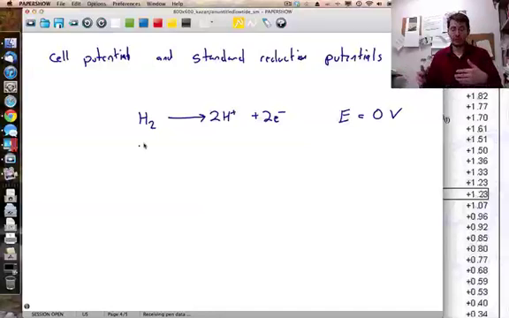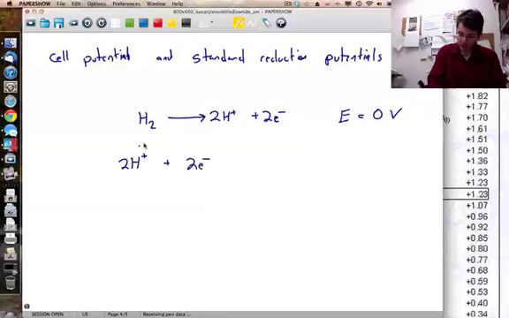You have a reaction set up in the presence of hydrogen gas going to hydrogen ions, the hydronium ion in water at 1 molar concentration and 1 atmosphere of pressure, and you can measure the reduction potential, the relative stability of the products compared to this.